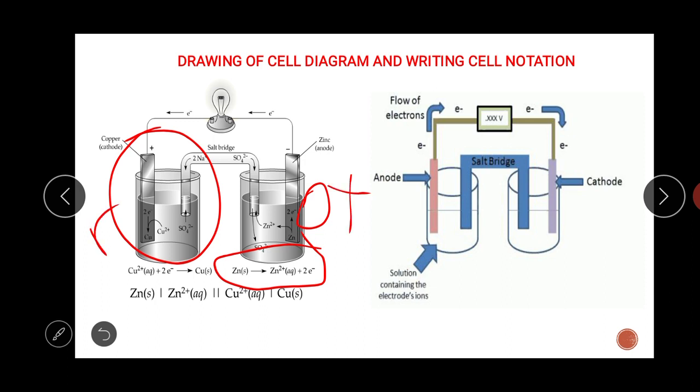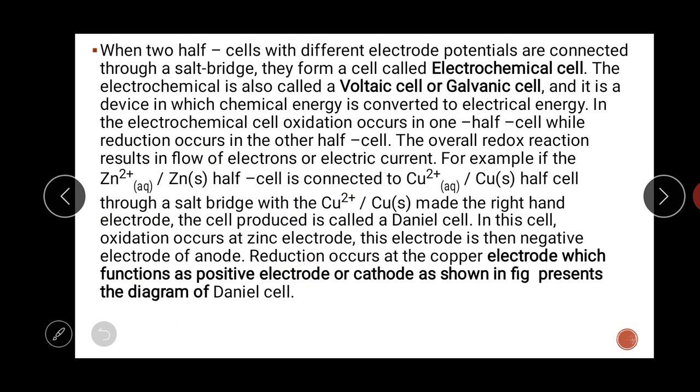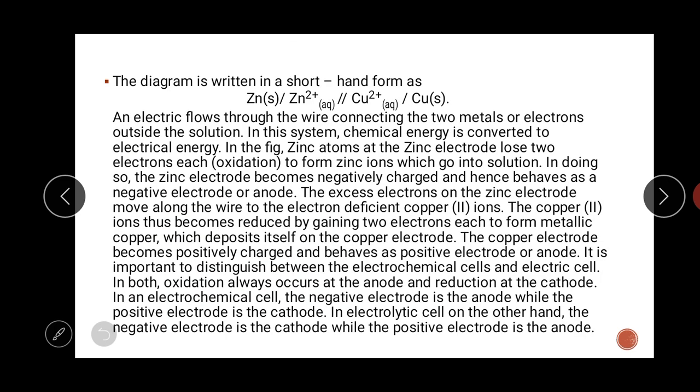This is where the reduction occurs. Look at the equation. The equation here will show you, if you really understand the oxidation reaction, the whole complete redox reaction that is being balanced. This example is a Daniel cell, and I think I showed this under this diagram.